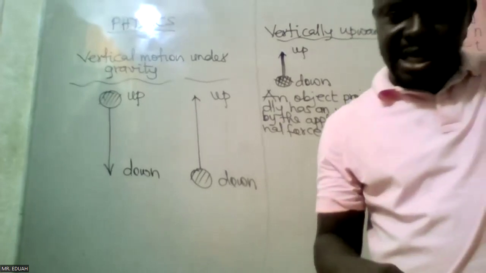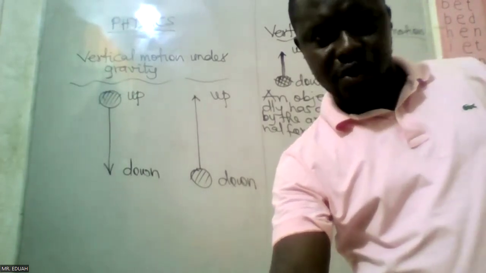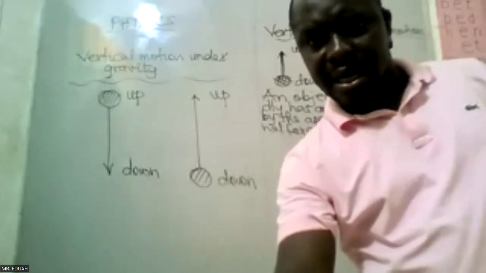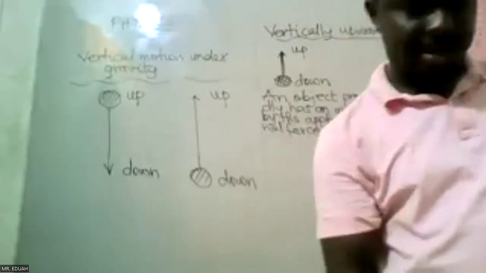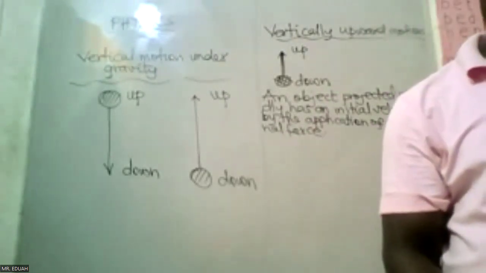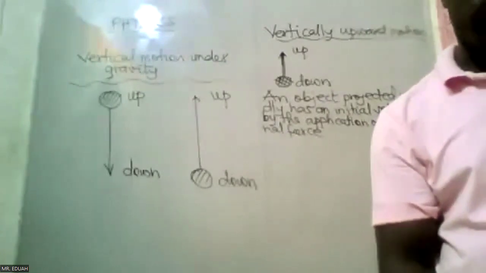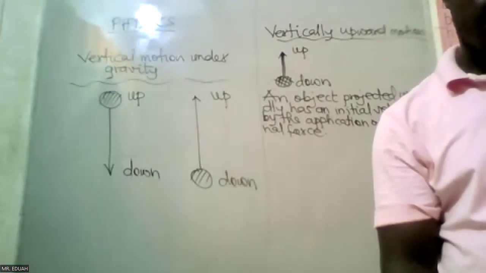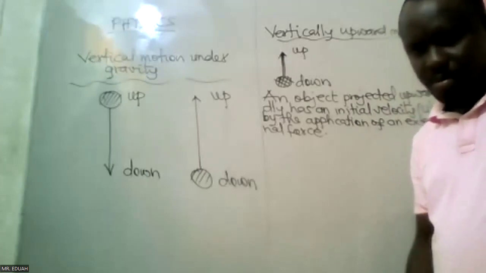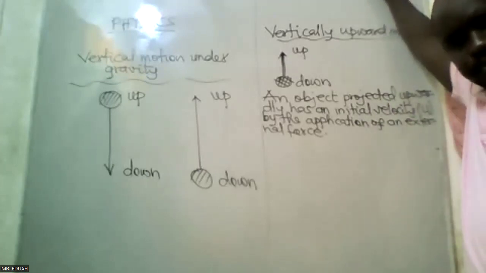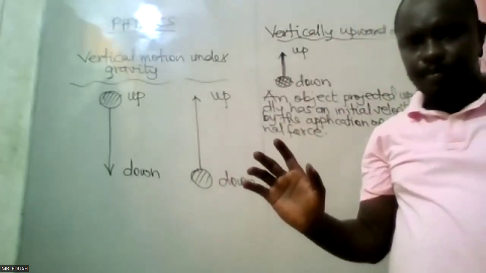Okay, you have given us what you think. Let me attend to somebody else. Yes, please, if your hand is up, go ahead. Sir, please, because of the force applied when throwing the object upwards, it goes at a certain speed. Then at a point, it stops, then comes down at a very high speed. It depends on how far it went.